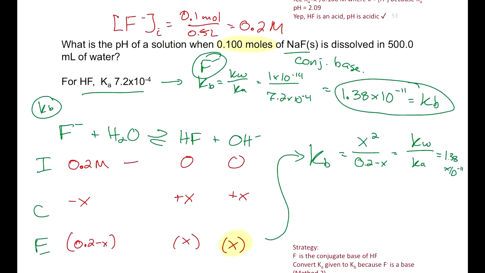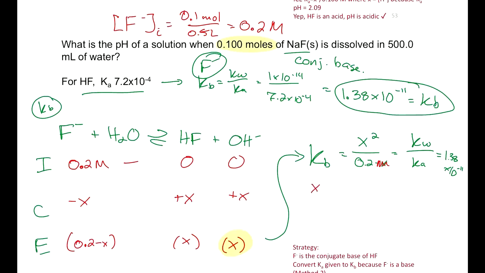All right. So can we solve this with a quadratic? Yes, but do you want to do the quadratic? No. So what is the most appropriate approximation we should make? Let's get rid of that minus x in the denominator. All right. We can do that because Kb this time is a really small number.